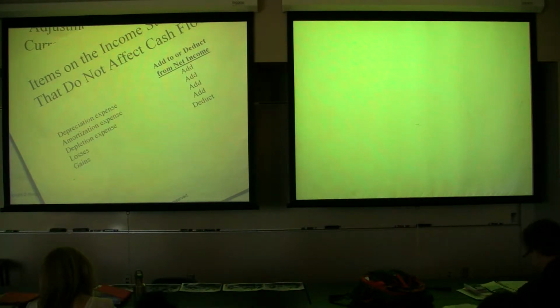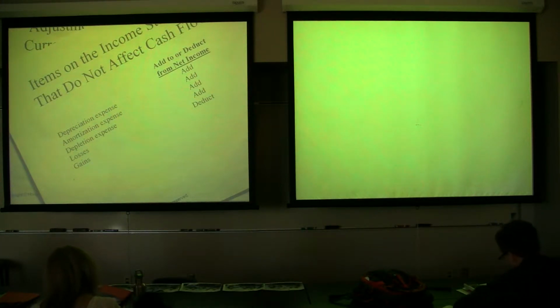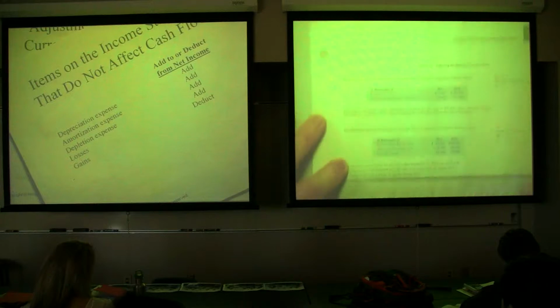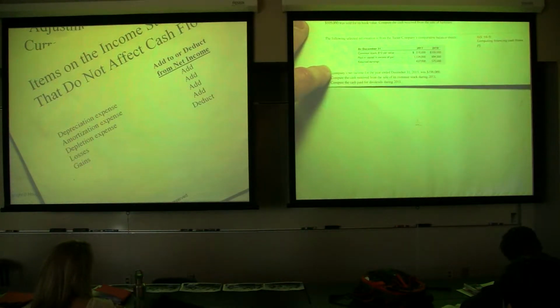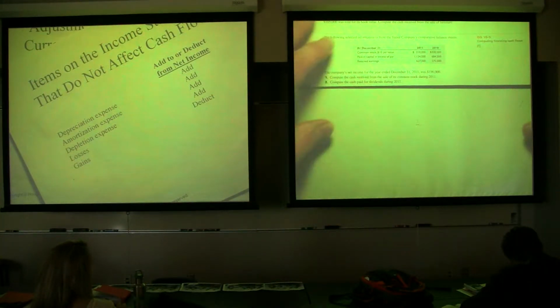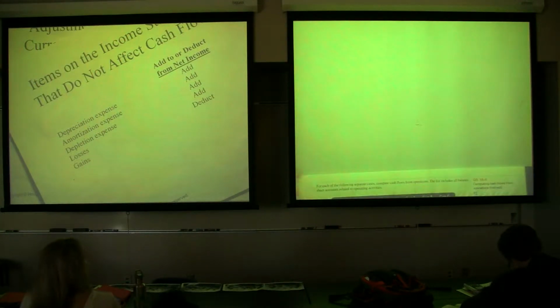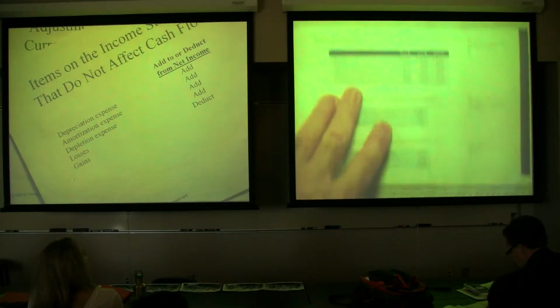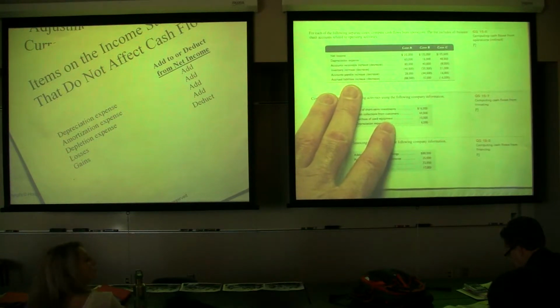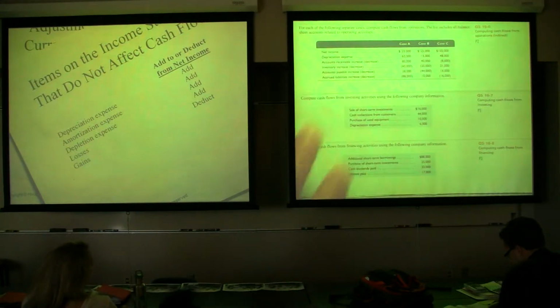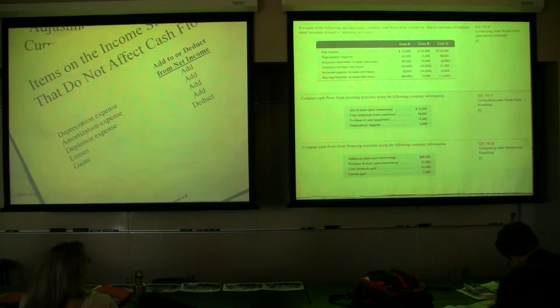Okay. Here's how it reads. That's 16-5. Here's 16-6. It has three years here. For each of the following separate cases, compute the cash flows from operating activities.